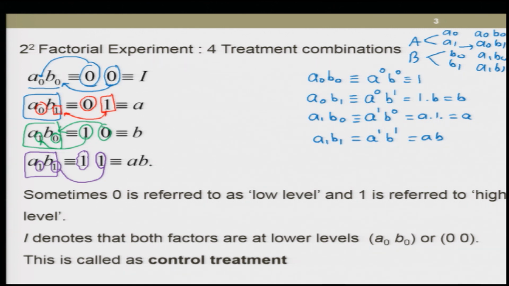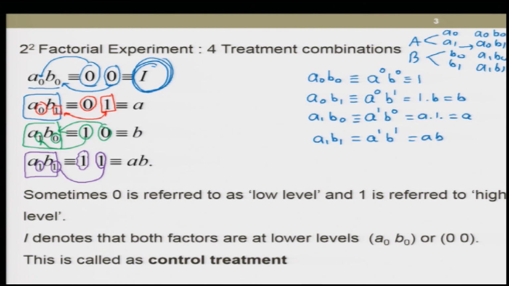So the treatment combination where both the factors are at 0 0 level is denoted by I. Try to see this circle.